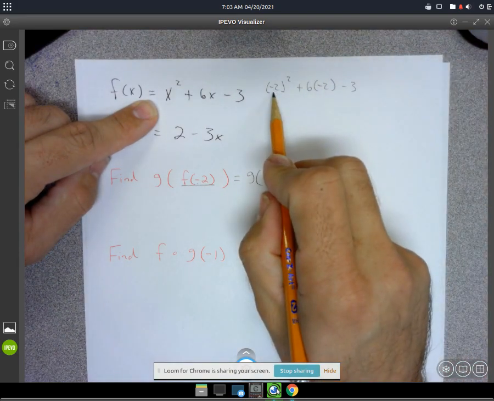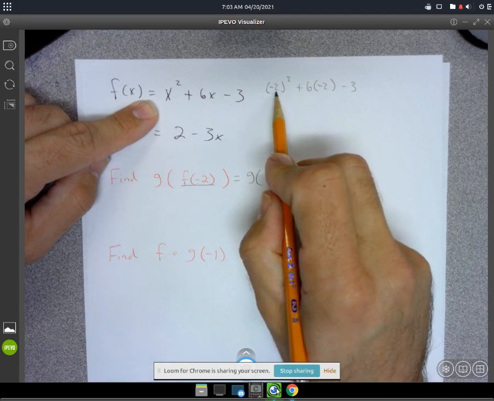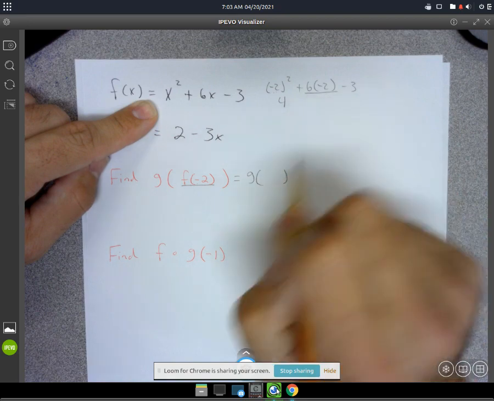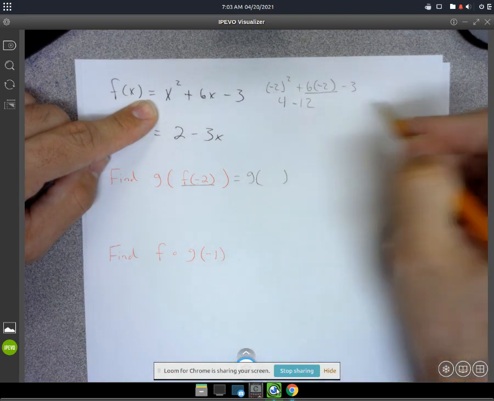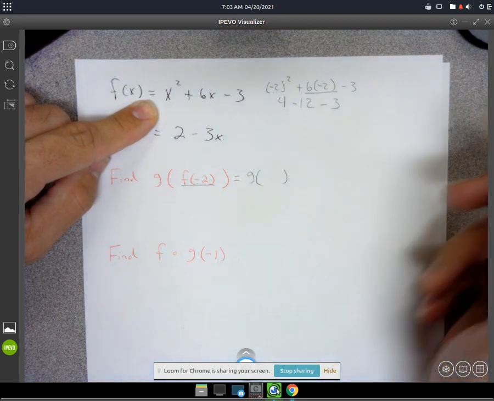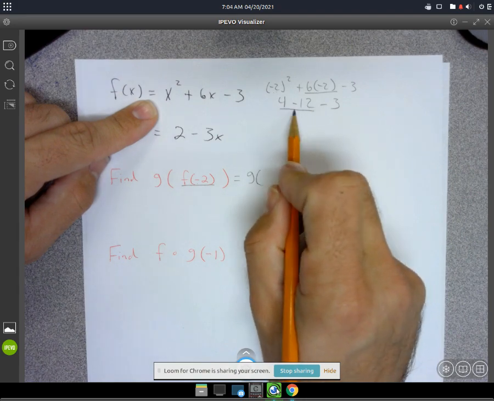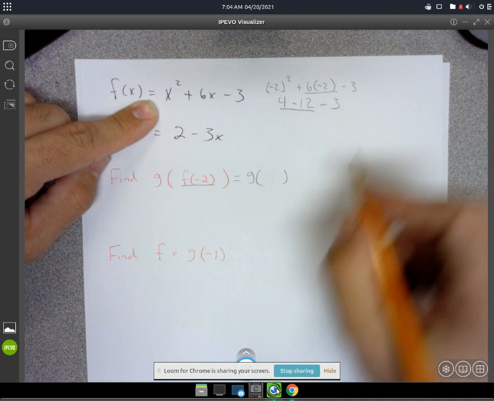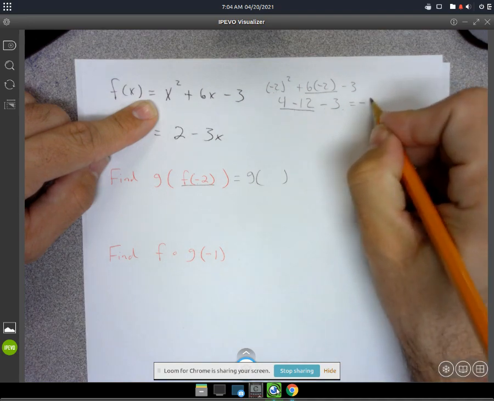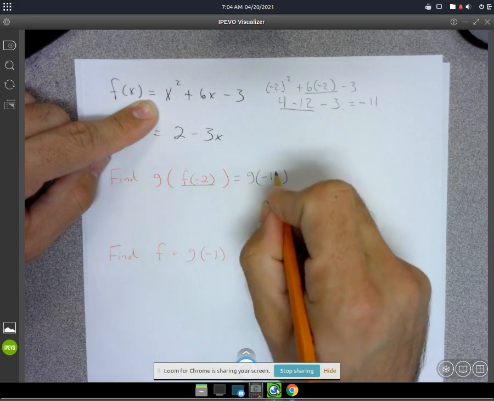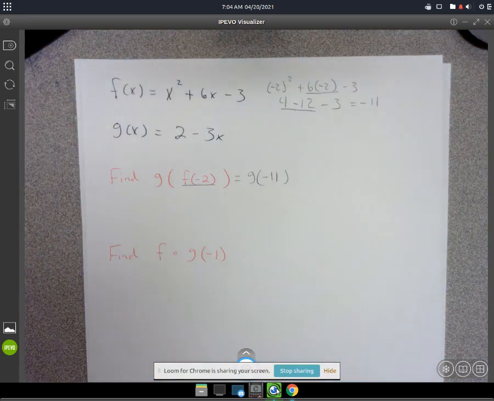Negative 2 squared is going to be positive 4, because I'm doing negative 2 times negative 2. This will be negative 12. So 4 minus 12 minus 3. We get negative 8, and then negative 8 minus 3 is equal to negative 11. So f of negative 2 is negative 11.